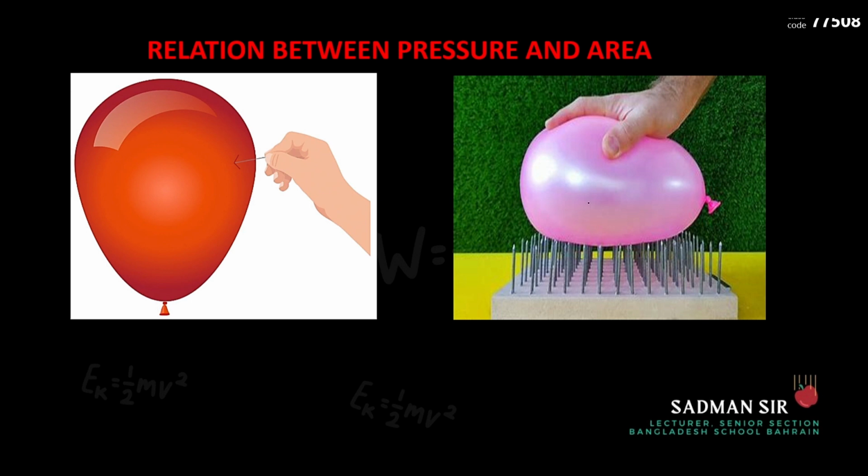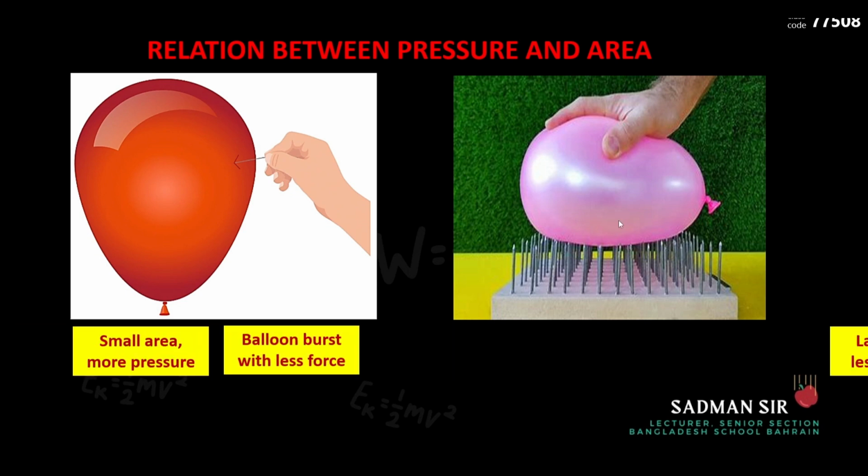And here you can see that even though you are applying a larger amount of force, the area has increased. So this force actually gets divided. When a large amount of force gets divided into a larger area, the pressure actually drops. So less pressure is being created on the balloon, and hence it is difficult for us to burst this balloon by putting it on a bed of nails.